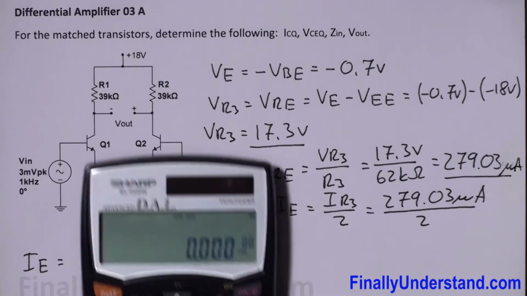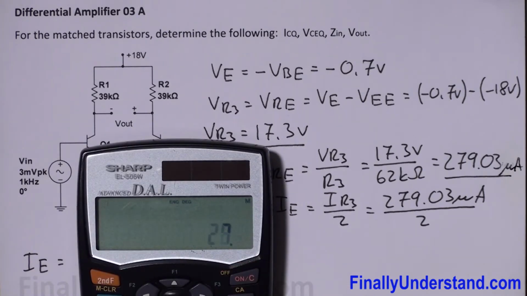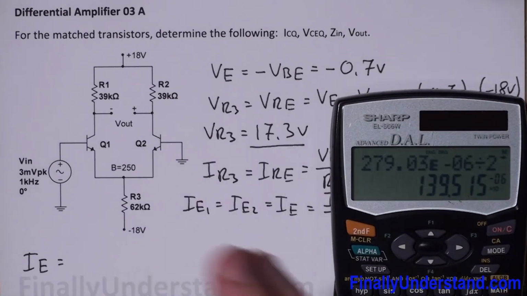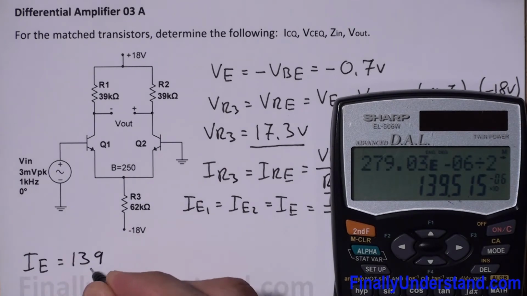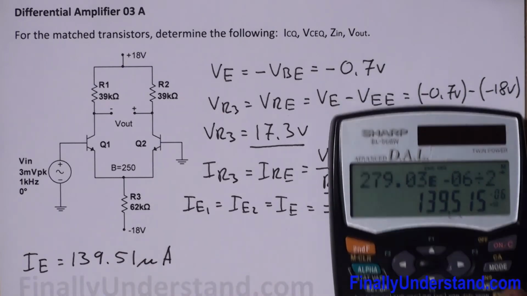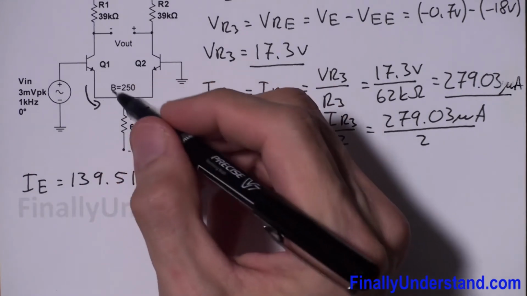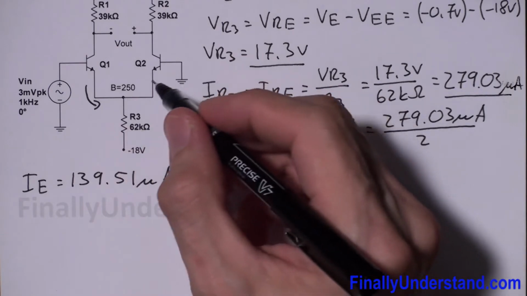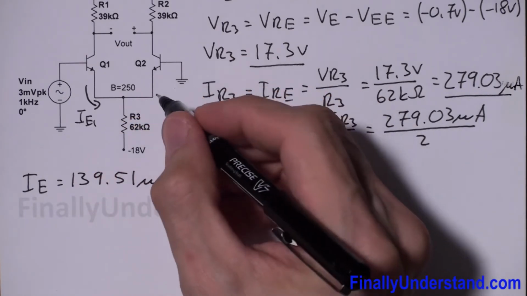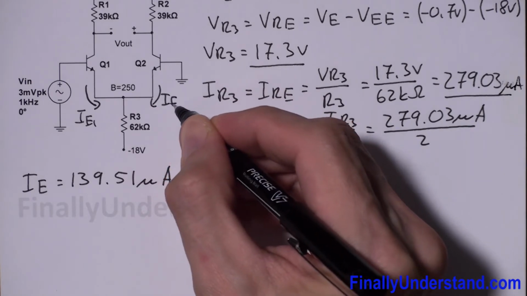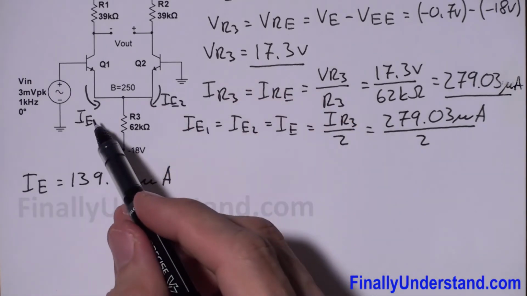Using the calculator, 279.03 exponent 6 negative divided by 2 is equal to 139.51 microamps. Okay, so this is the current which goes through the emitter of transistor Q1. This is my IE1 and this is my IE2. IE represents these two currents.